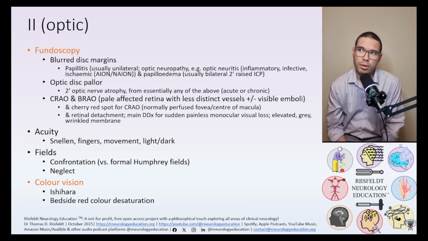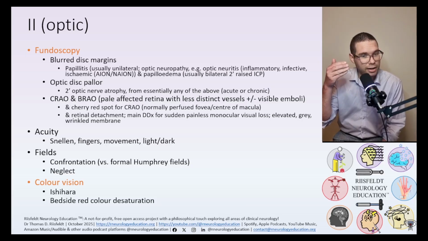In terms of pro tips into how to see the fundus well, firstly, have a dark room. A dark environment really helps. The other thing that really doesn't help your attempts at fundoscopy is if the front of the eye is wet.